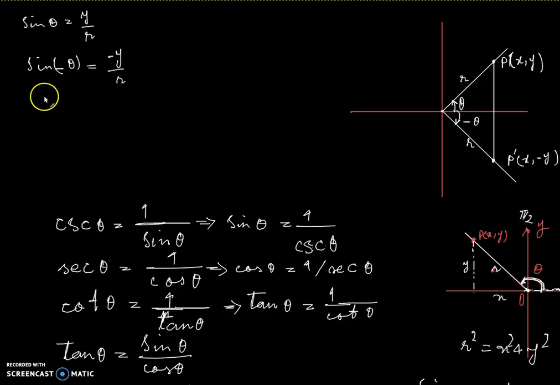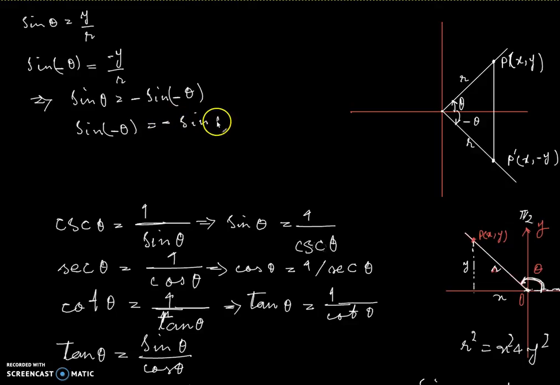Based on these two equations, you can say that sine theta is equal to minus of sine minus theta, because sine theta is y by r, sine minus theta is minus y by r, so sine theta is equal to minus of sine minus theta, or you could write it as sine minus theta is equal to minus sine theta.